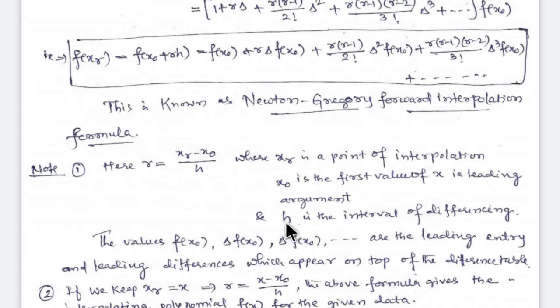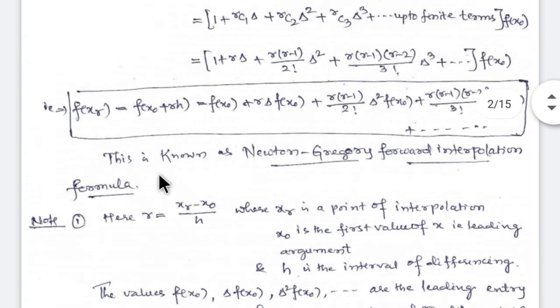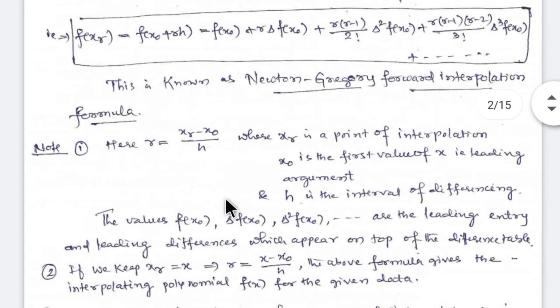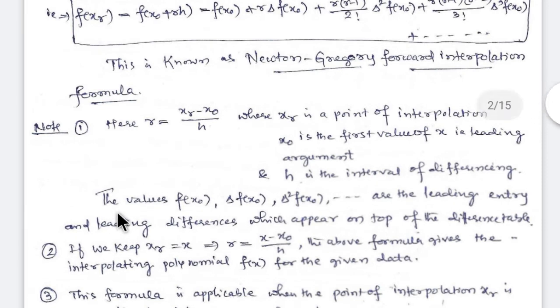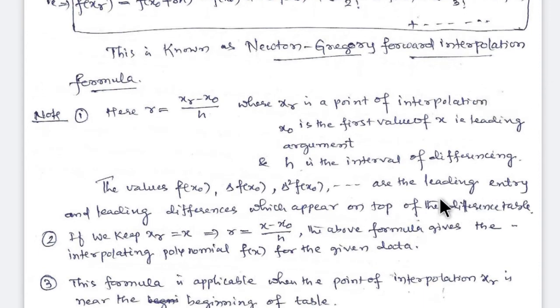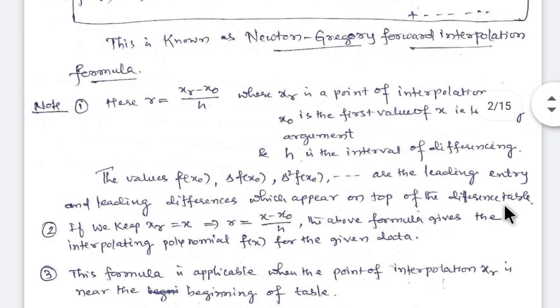Here you get the same h because of equal intervals, equally spaced. The values f of x0, delta of f of x0, delta square of f of x0, etc. are the leading entries and the leading differences which appear on top of the difference table.